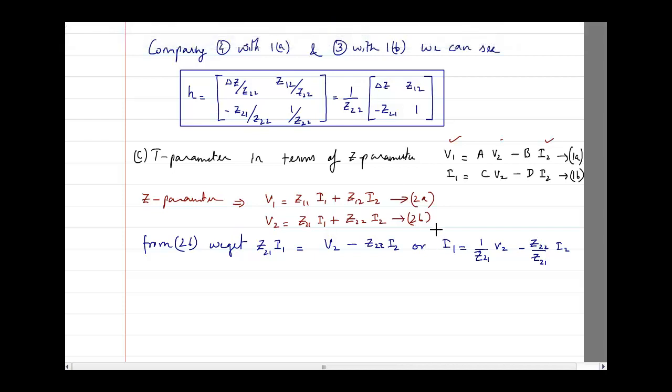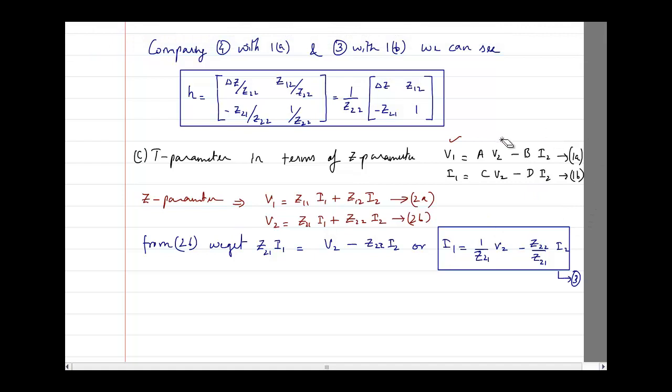I will put this in box because this equation, which now I will name as equation number 3, is perfectly matching with equation 1b. Okay, so this will be C and this will be D. So that I will write in the end.